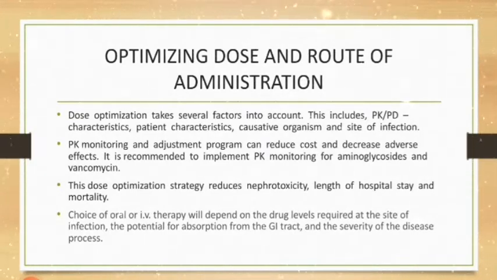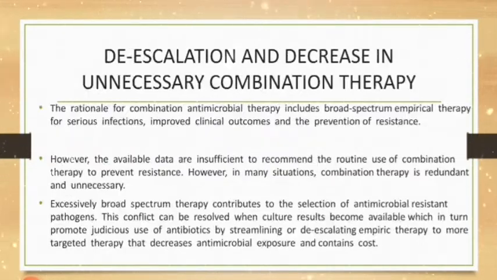This dose optimization strategy reduces nephrotoxicity, length of hospital stay, and mortality. Choice of oral or IV therapy will depend on drug level required at the site of infection, the potential for absorption from the GI tract, and the severity of disease process.